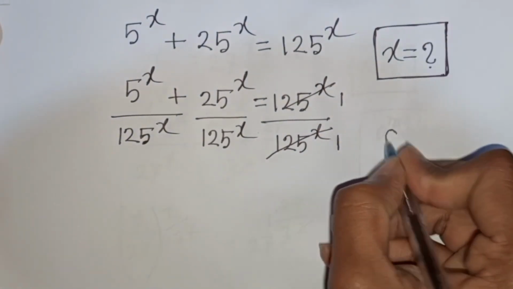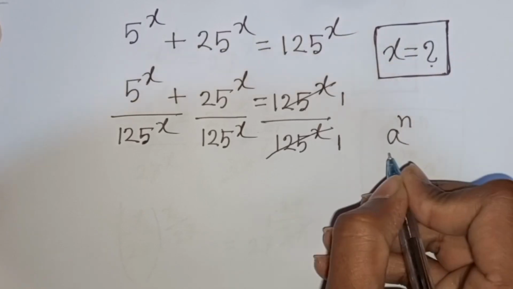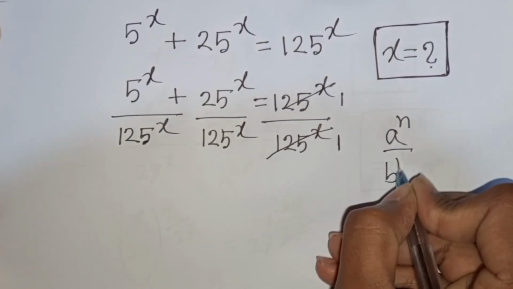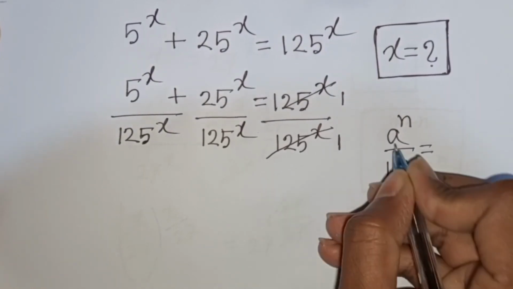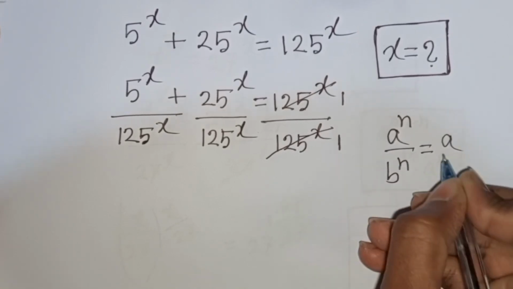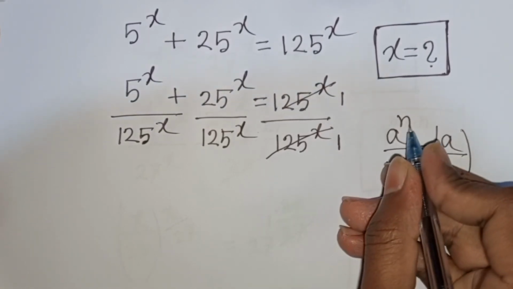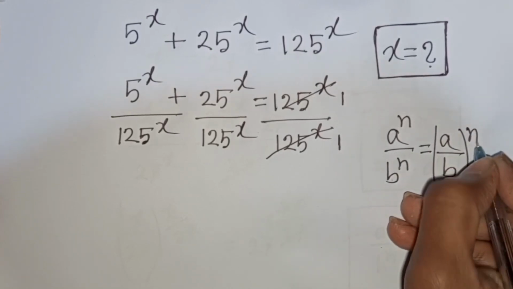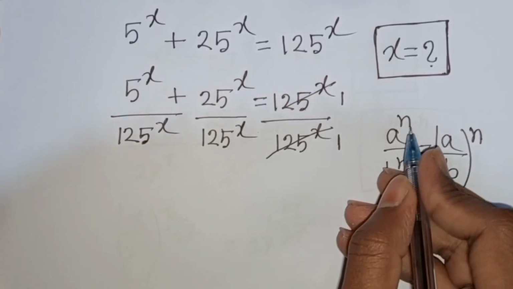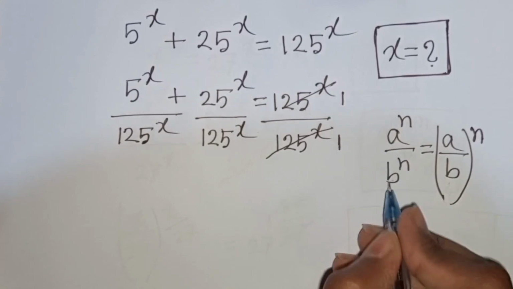So remember this formula, a power n over b power n is equal to a over b, then bracket common power n. That means n same power but different base.